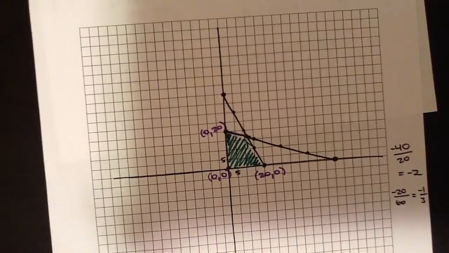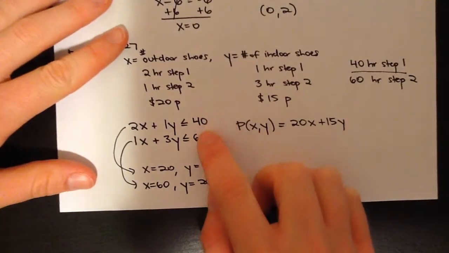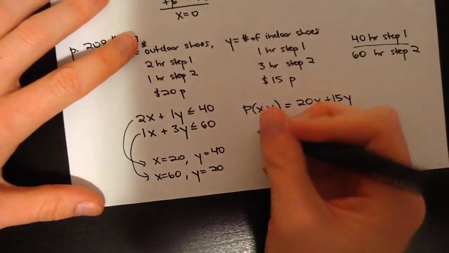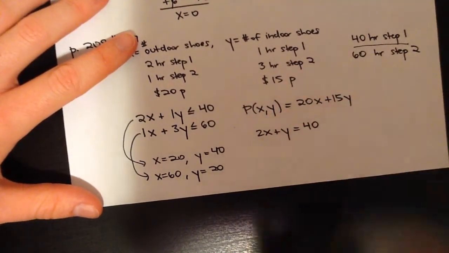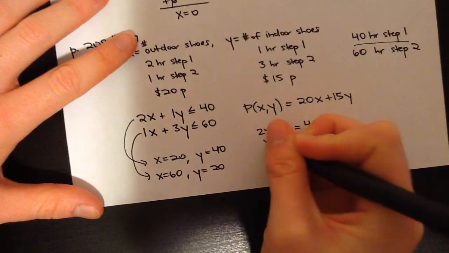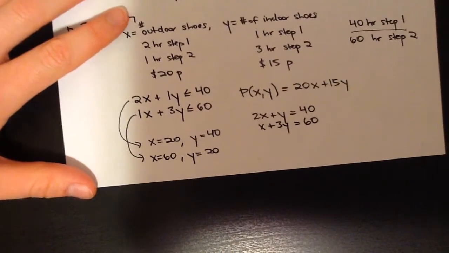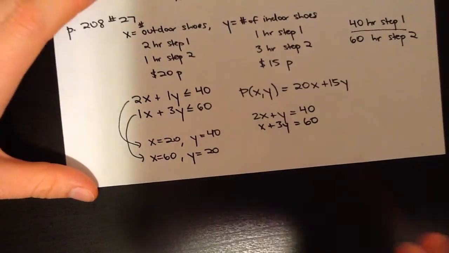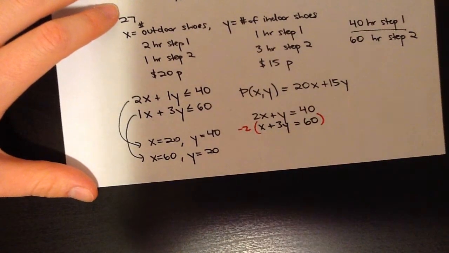So let's do a little algebra back on this other page here. We want to see where these two lines are going to intersect each other. All right, so let's take 2x plus y equals 40, because remember that's the equation of the line, and then x plus 3y equals 60. So what I could do is a little bit of an elimination method here. And I can multiply this whole thing by -2 to get the x's to cancel.